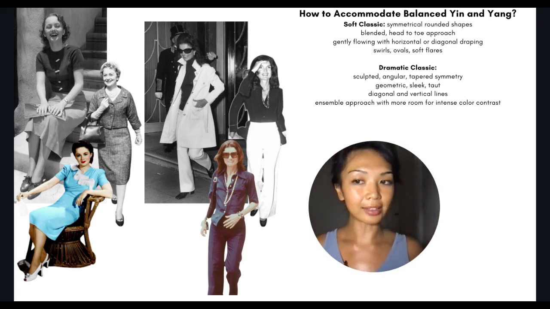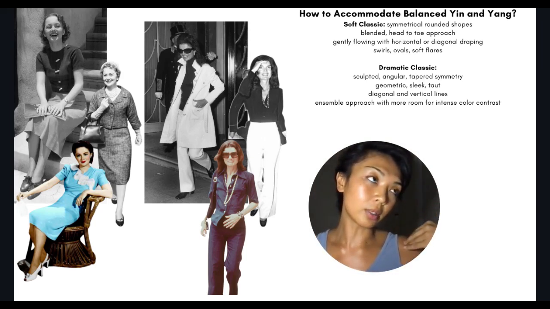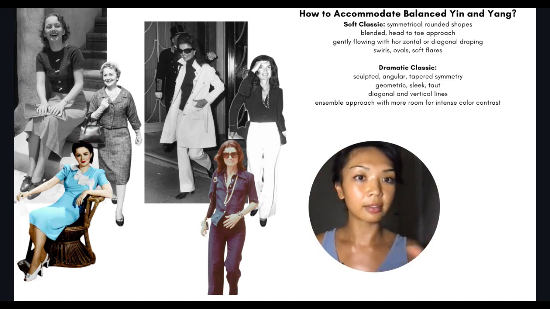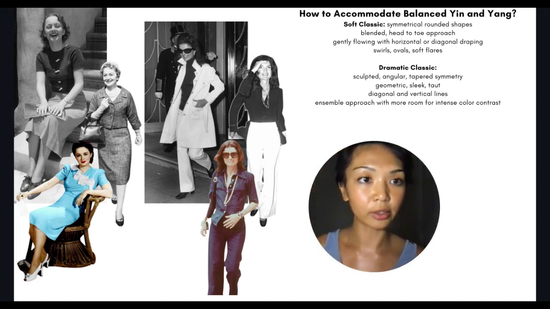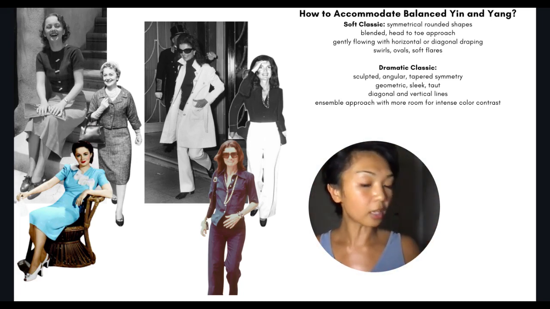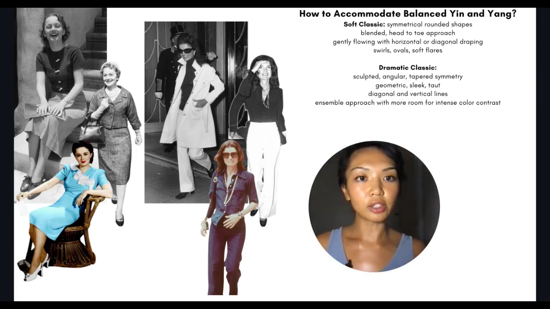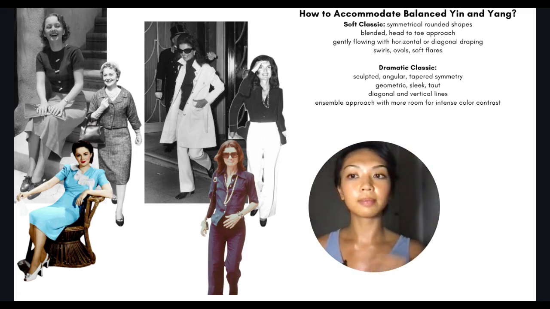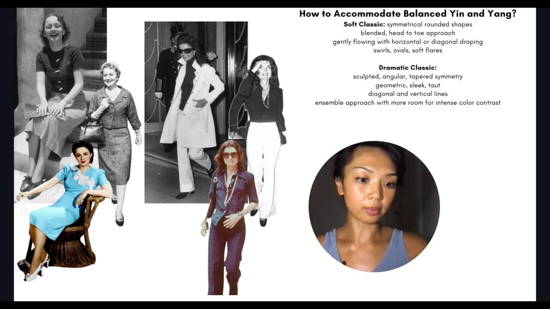Really high contrast separates can be a little overwhelming. The momentum of the fabrics and the shapes are gently flowing with more horizontal or diagonal draping as opposed to vertical. They don't really need to accommodate a strong vertical. And you'll find shapes with swirls, soft flares, and ovals. Very well formed, nothing too tight, but nothing unconstructed, boxy, or oversized either.